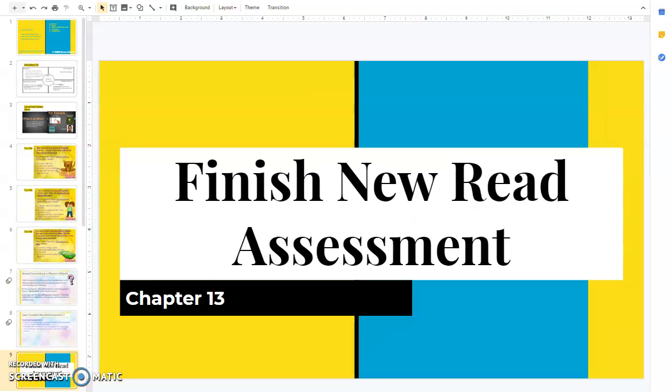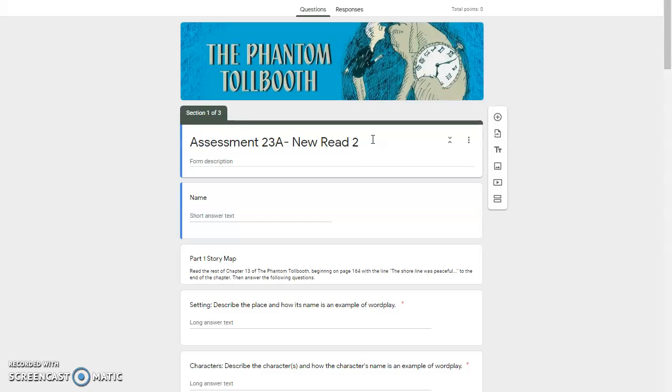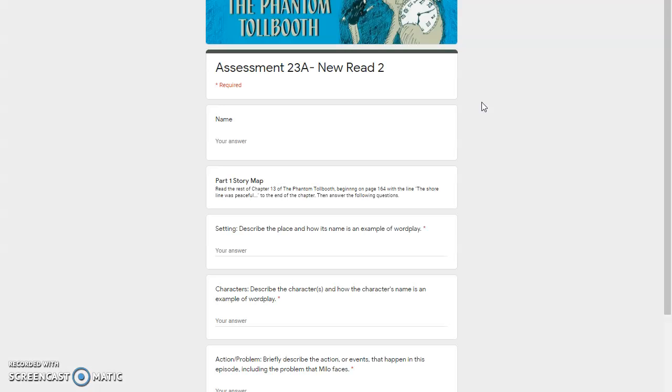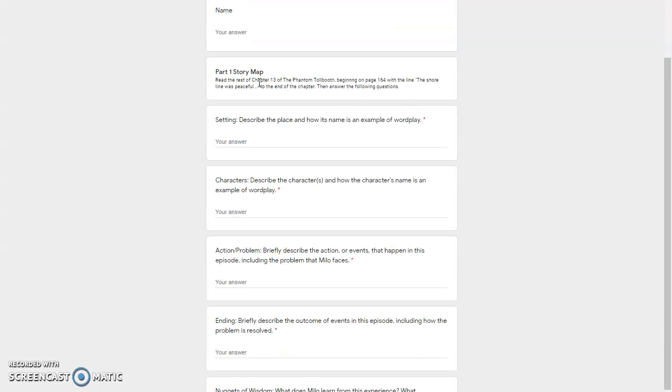Now we're going to look at the directions. Alright. So for part 1, this is what you're going to do. This is what it's going to look like. You're going to read the rest of chapter 13, beginning on page 164, the line, "The shore was peaceful," to the end of the chapter, then answer the following questions.